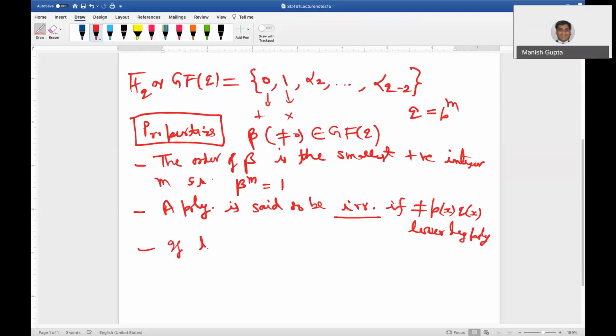If p is the order of beta, then p divides q minus 1. Why is that? Because GF(q) star is a multiplicative group of order q minus 1. So from a group theoretic point of view, the order of an element divides the order of the group. Okay, so that's the result.